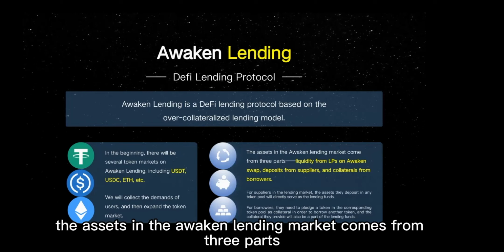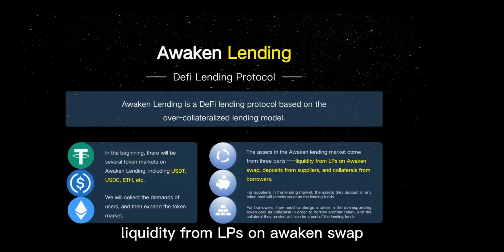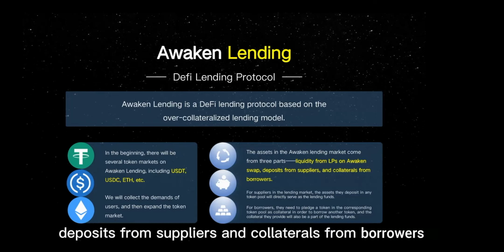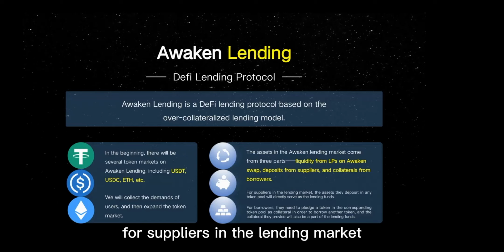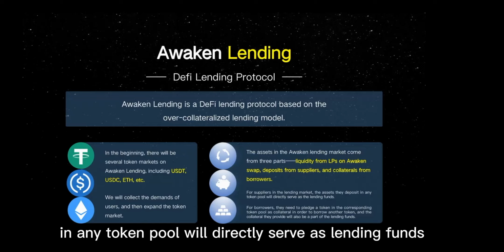The assets in the Awaken Lending market come from three parts: liquidity from LPs on AwakenSwap, deposits from suppliers, and collaterals from borrowers. For suppliers in the lending market, the assets they deposit in any token pool will directly serve as lending funds.